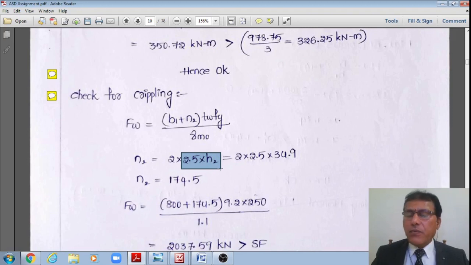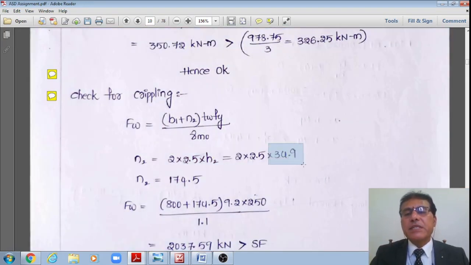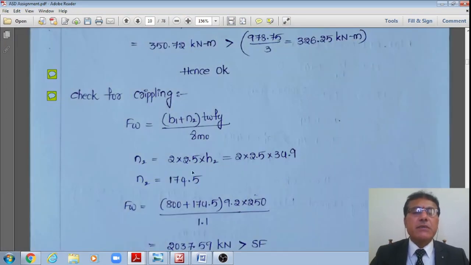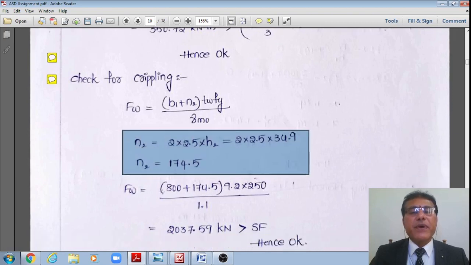However, we have a base plate, and that base plate is transmitting the load on either side. Therefore, 2 times it is transmitting on 2 sides, so 2 multiplied by 2.5 multiplied by H2. H2 for this beam section is equal to 34.9, or alternatively the thickness of the flange plus root radius. Both are the same. Therefore, I get N2 as 174.5.